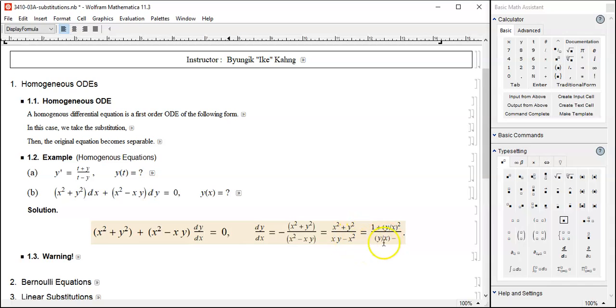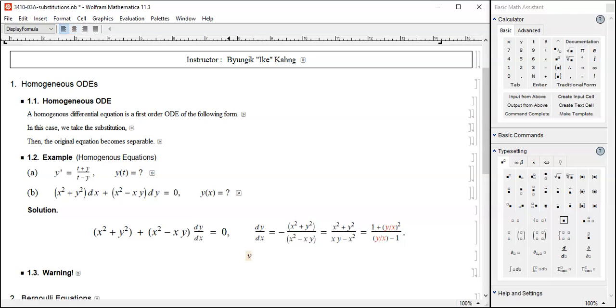Finally, divide by x squared, I have 1. And look at this. We have a function completely out of y over x, which I'm highlighting in red. And that's the substitution I'm going to take. V is equal to y over x.